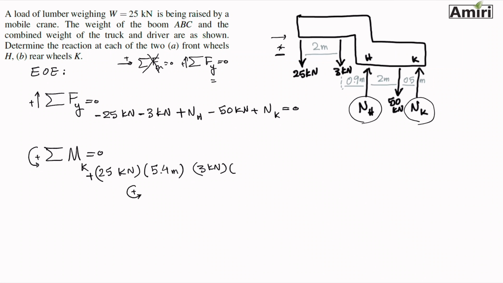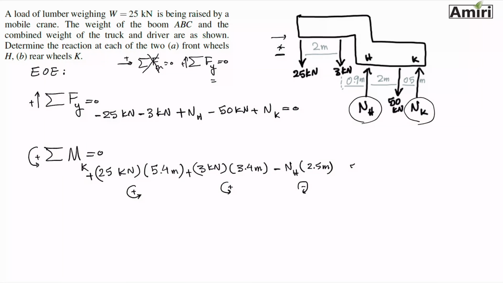The arm for that is 0.9 plus 2 plus 0.5, and that equates to 3.4. Same way it's going, so that's positive. Then the next force I have is N of H multiplied by 2 plus 0.5, 2.5 meters. That one is trying to create a rotation this way, which is negative.